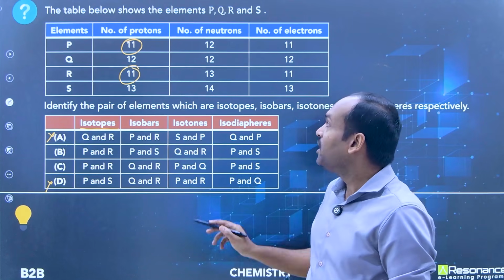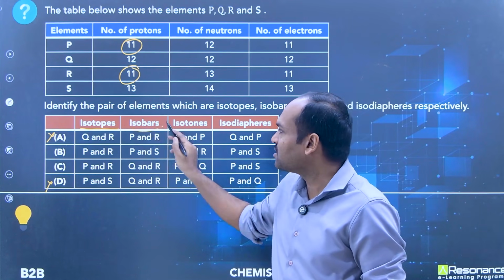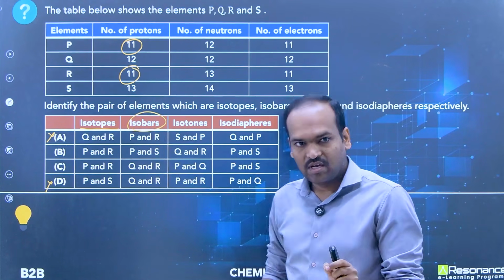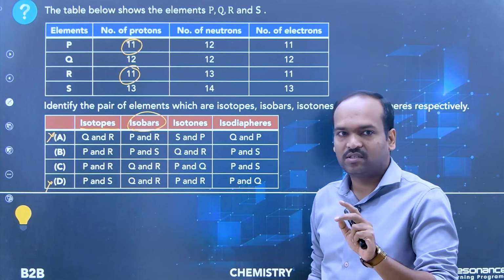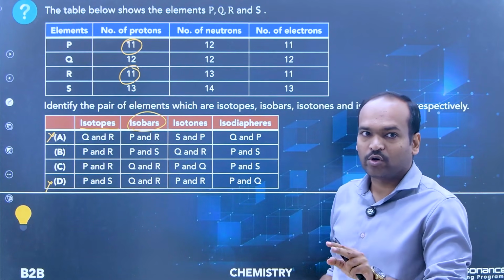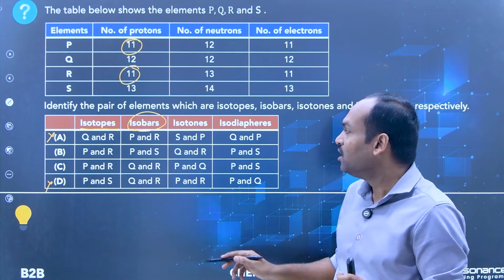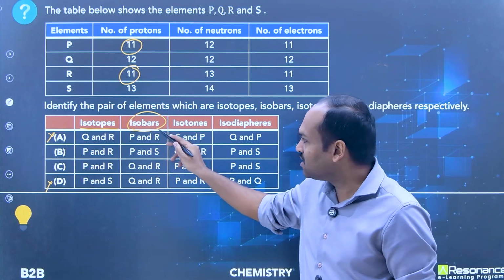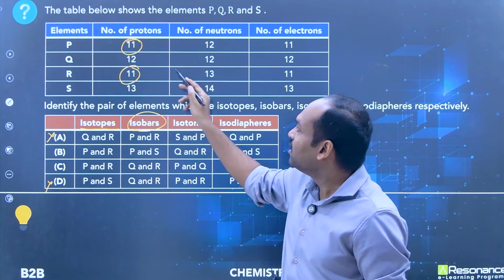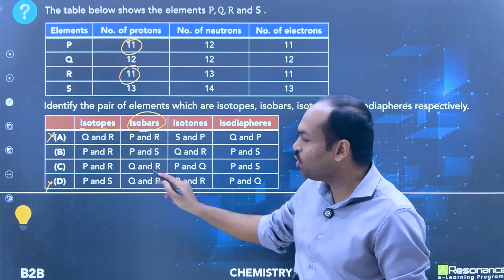Now next they are saying isobars. For isobars, the sum of neutrons and protons should be the same. The options are PS and QR.